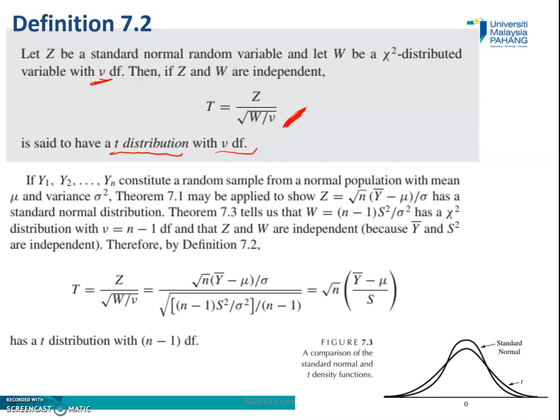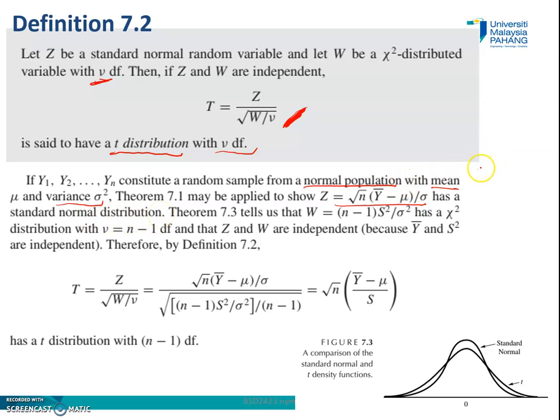Now look, if y1, y2, until yn constitute a random sample from a normal distribution with mean mu and variance sigma squared, you remember theorem 7.1. It can be applied to show that this z has a standard normal distribution.